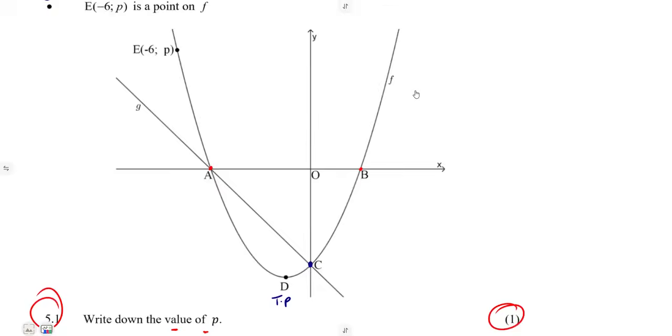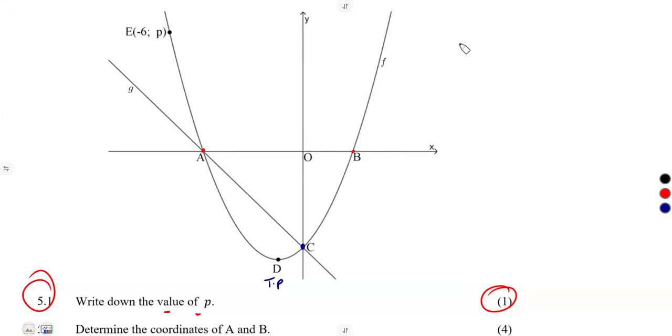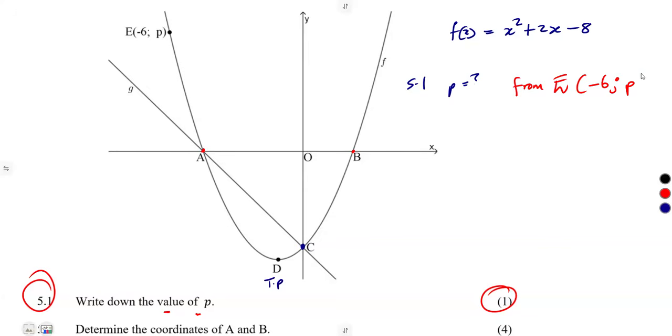So I'm going to rewrite my f of x here so that you can properly see it. Our f of x is given as x squared plus 2x minus 8. To find the value of p for 5.1, we can find it from the point E, which is given as (-6; p). That's the x value and the y value.